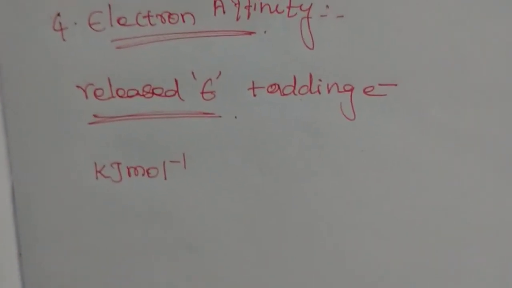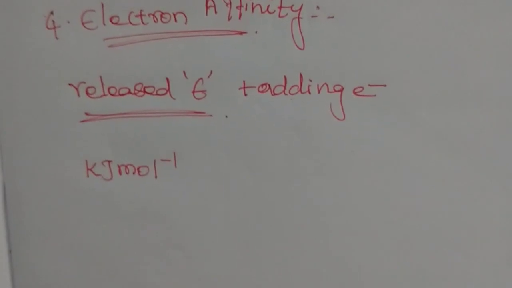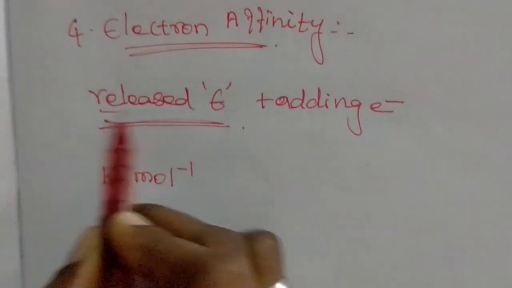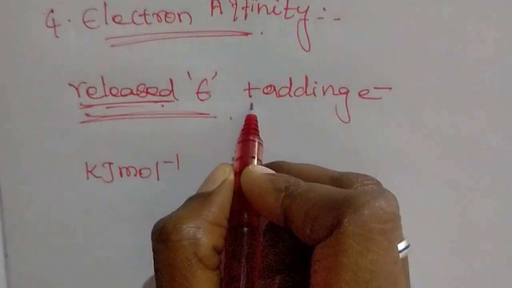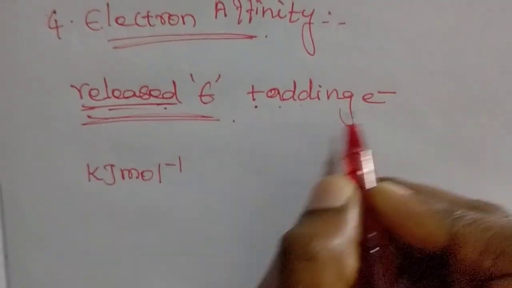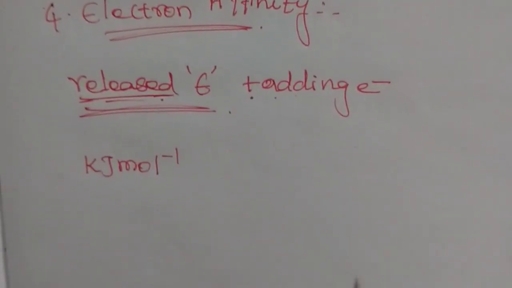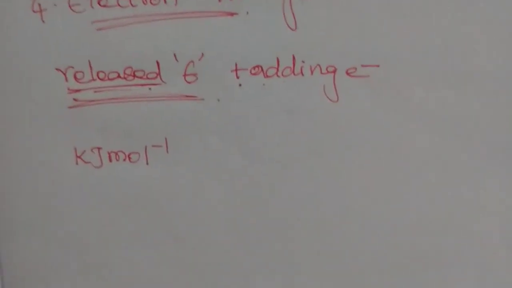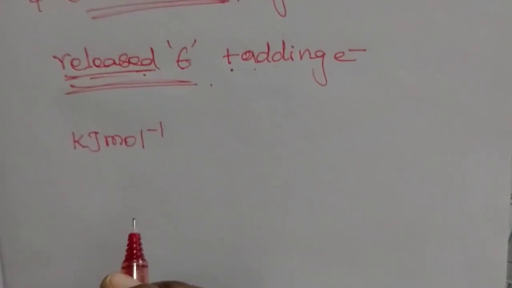The definition of electron affinity is the amount of energy released when an electron is added to the valence shell of an isolated neutral gaseous atom in the ground state to form its anion.